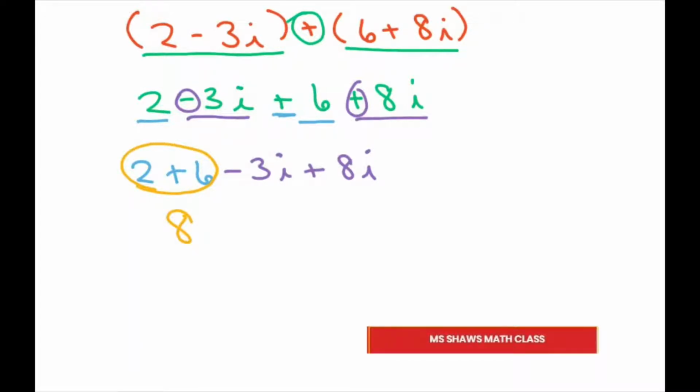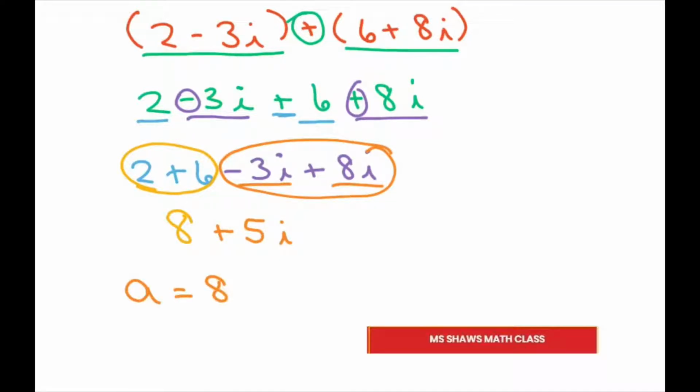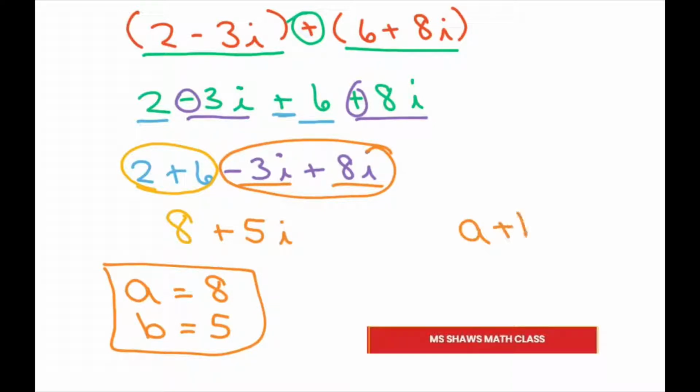And then you add these 2 up. You say 8 i's minus 3 i's is 5 i's. All right, so your real component is 8, and your B is your 5. And we're putting it in this form, a plus bi.